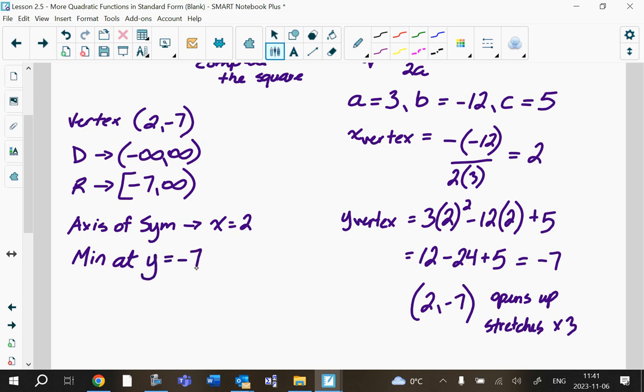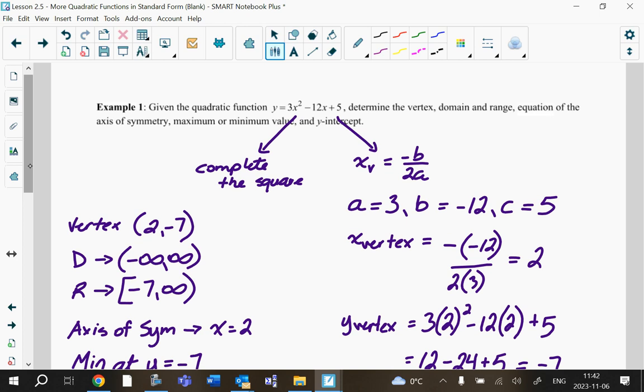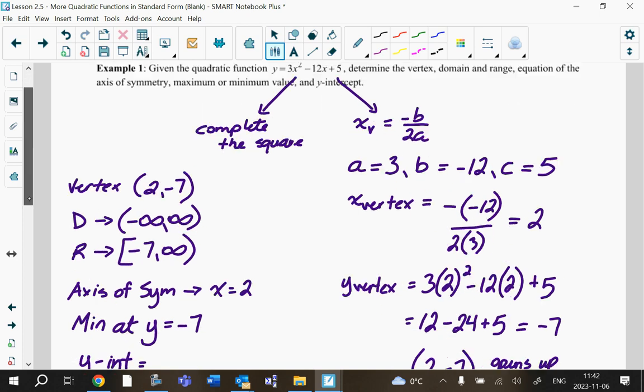And then I think we were just y-intercept and number of x-intercepts. Well, remember, for the y-intercept, go back to the standard form. Just plug in 0, and the y-intercept's going to be the number at the end. So the y-intercept is 5.